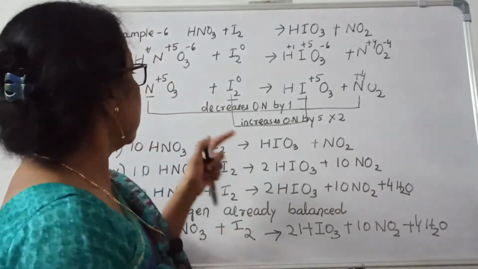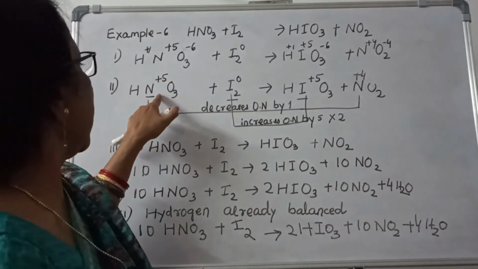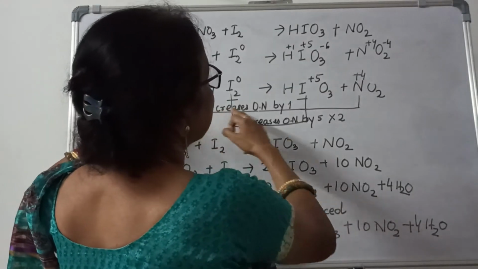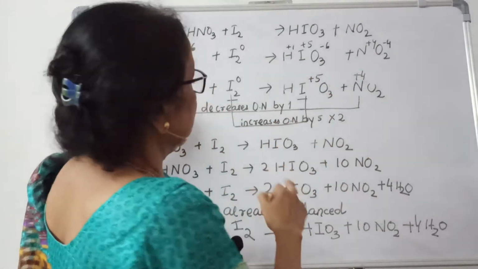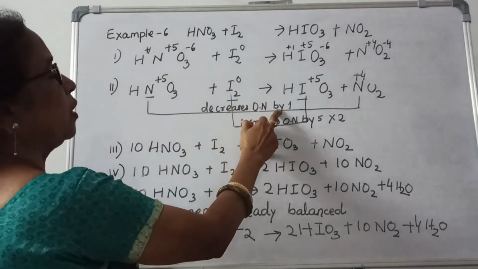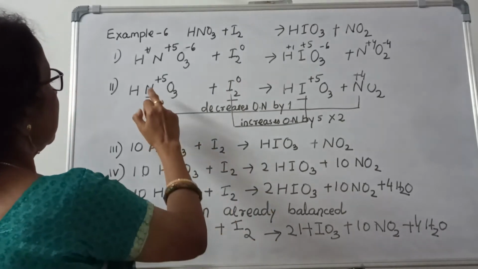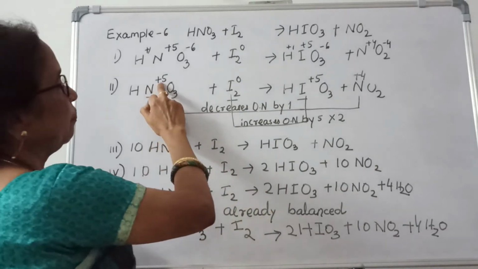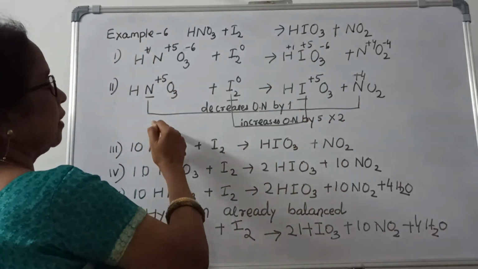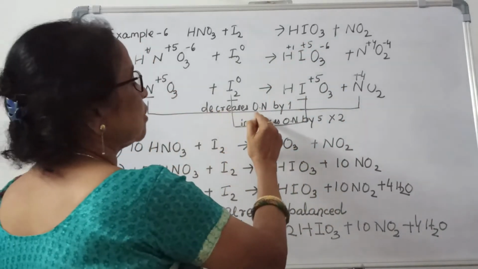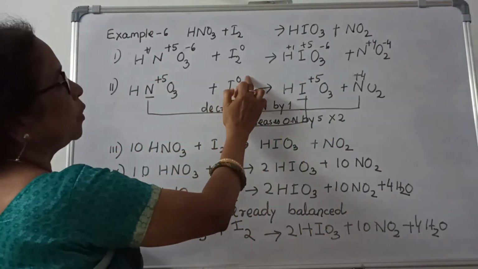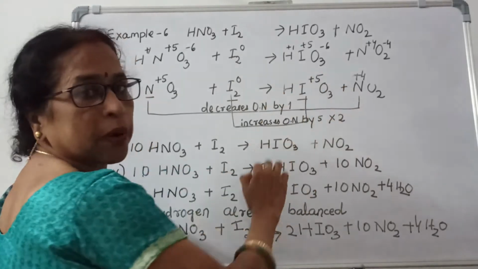Now see, in HNO3, N is plus 5, and it decreases to plus 4, so the oxidation number decreases by 1. Again, N is plus 5 and on the product side N is plus 4, which indicates a decrease in oxidation number by 1. Similarly, I2 equal to 0 and I equal to plus 5.